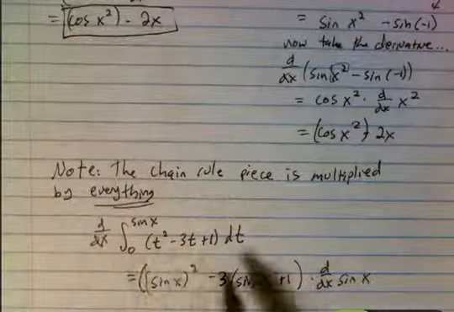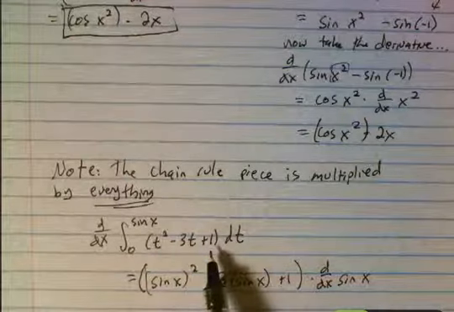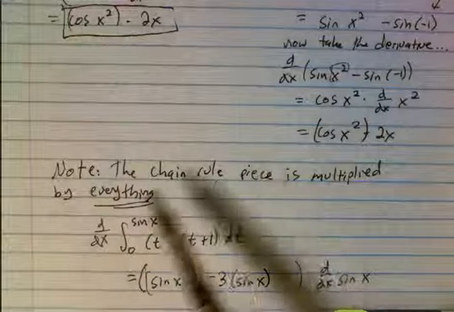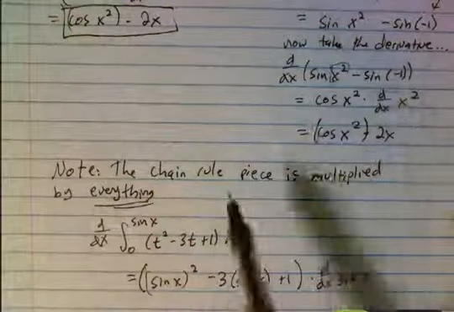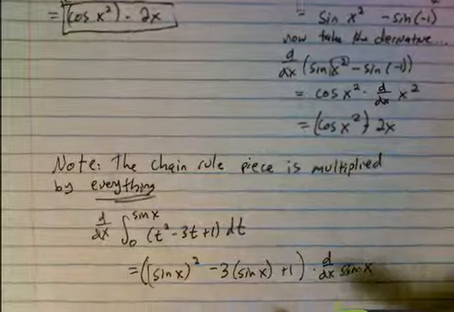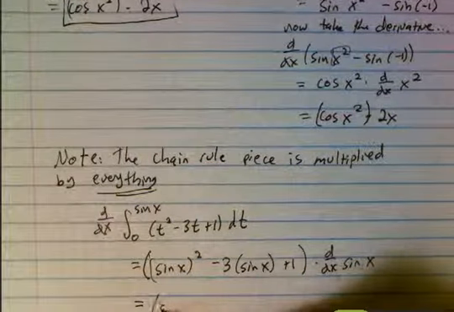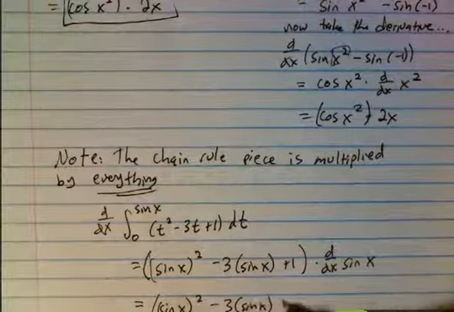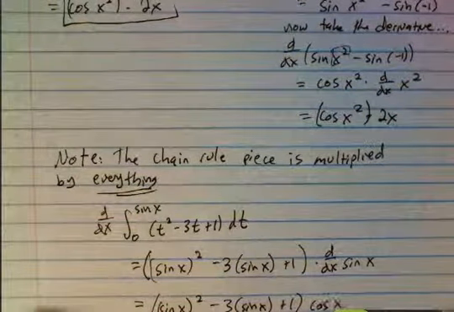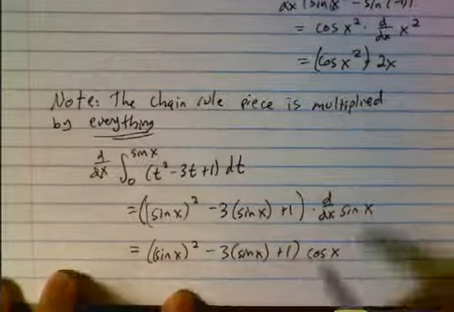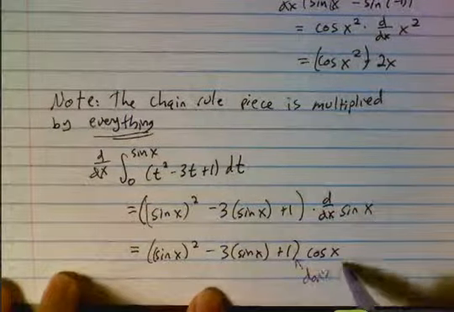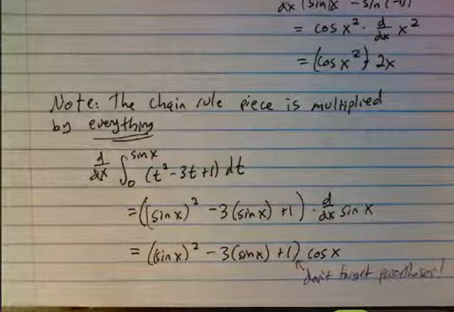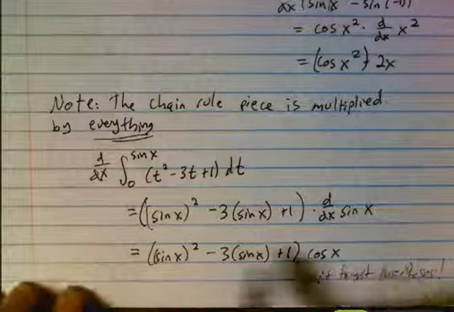That's because when we do the antiderivative, even if we have just a plain old number here, it's going to acquire a variable. So this sine of x gets substituted into it, and when we take the derivative, we have that piece for the chain rule. So let's do our final step. The derivative of sine x is cosine x, and make sure not to forget these parentheses. That's how we know that this cosine of x is multiplied times everything.